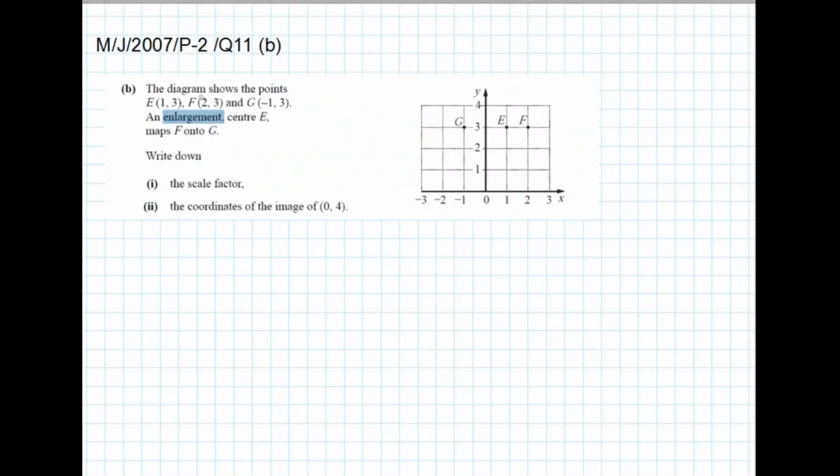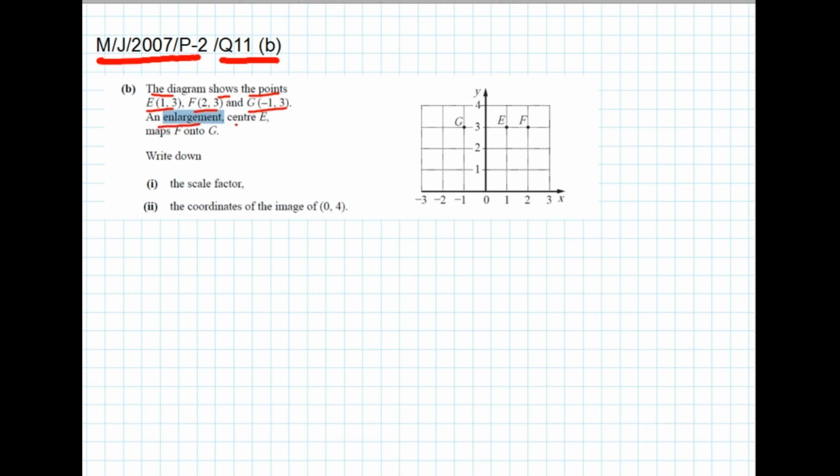Another very interesting question of past paper is May-June 2007, paper 2, question number 11, part B. The diagram shows the points E (1, 3), F (2, 3), G (minus 1, 3).